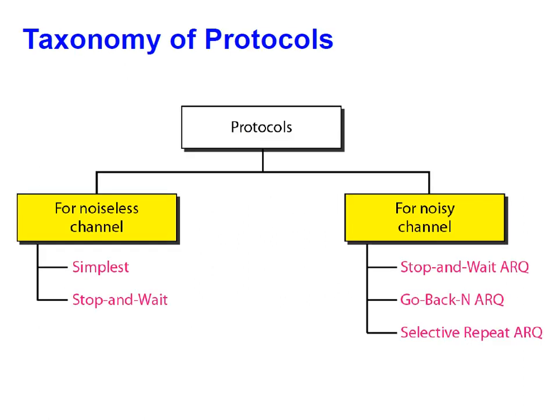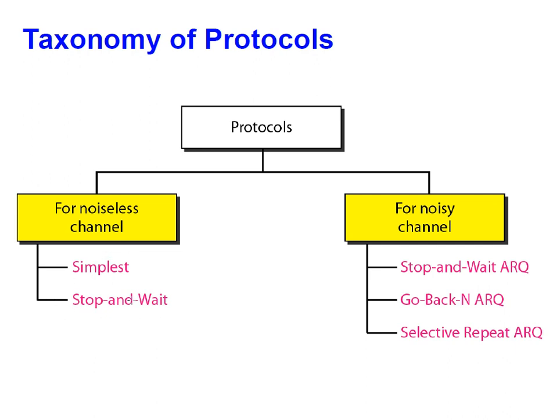Now we go to the next section, the taxonomy of the protocols. The protocols under the data link layer can be put under two classes: one is the noiseless channel, another is the noisy channel. The noiseless channel is the simplest type of channel, with a sender and a receiver, and a stop and wait type.